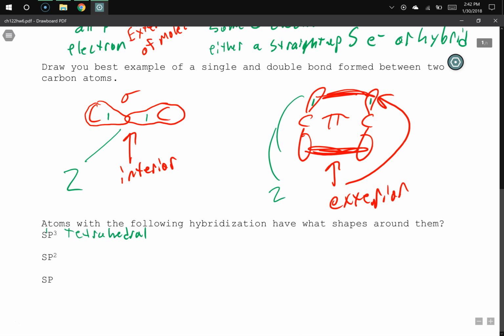So this is something connected in 4 directions. And what's the sp2? And this atom has bonds going in 3.